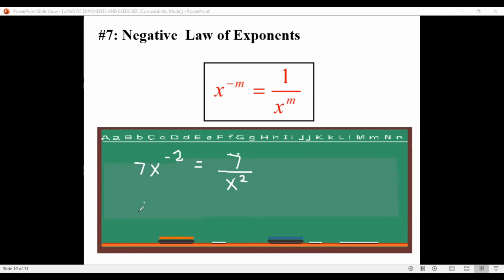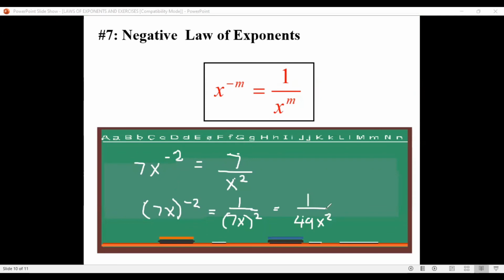This is different when you have 7x, in quantity, raised to the negative 2. This is the one wherein you are getting 1 all over 7x raised to the second power, or quantity squared, or the simplified form, which is equal to 1 over 49x squared.